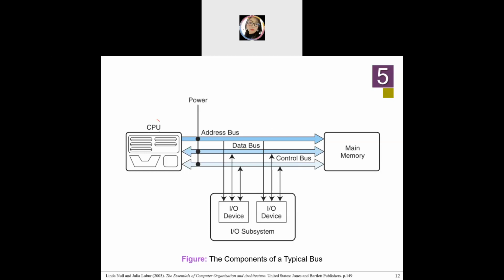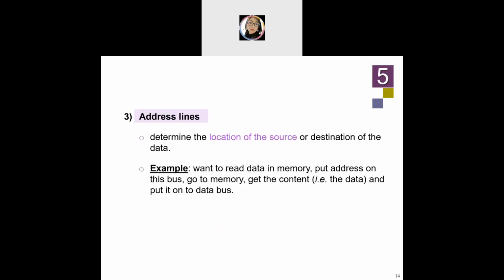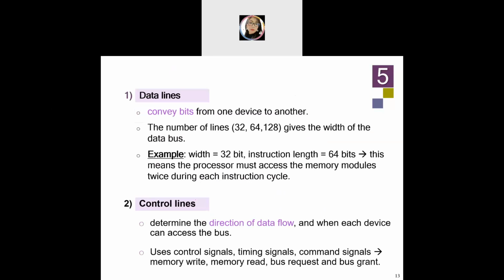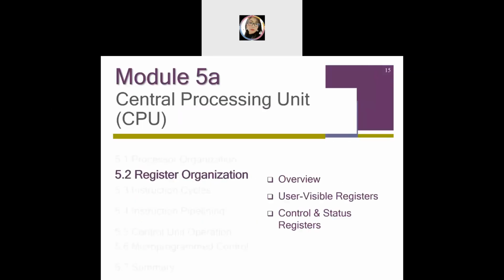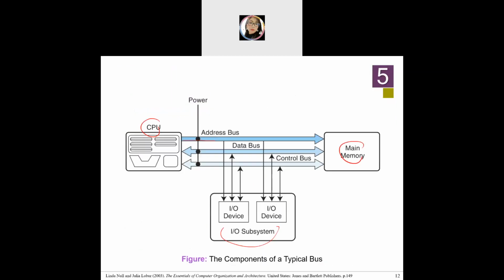This is the connection to the CPU, you can see, and main memory, and your input output. So in terms of data line, control line, address line, later on we will continue. You can try to read what the information is. We will continue later in our next subtopic, register organization. Please make sure to remember that buses are quite similar. You focus on address, data, and control.